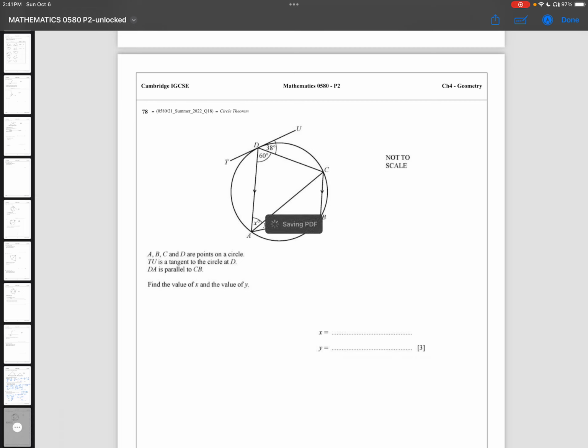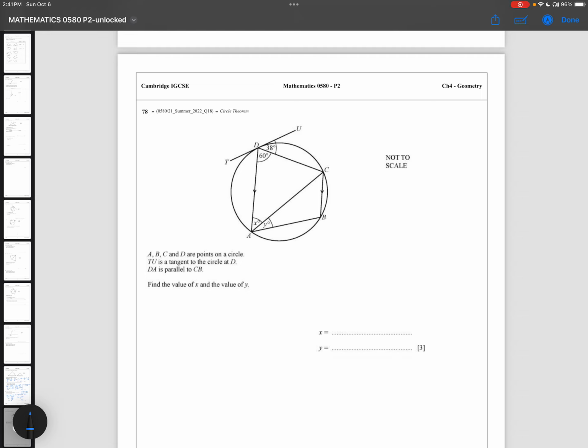So TU is a tangent to the circle, and the angle between this tangent TU and chord CD is 38. We know the property of a tangent of a circle, that the angle between the tangent and a chord is equal to the angle subtended by the same chord in the alternate segment.